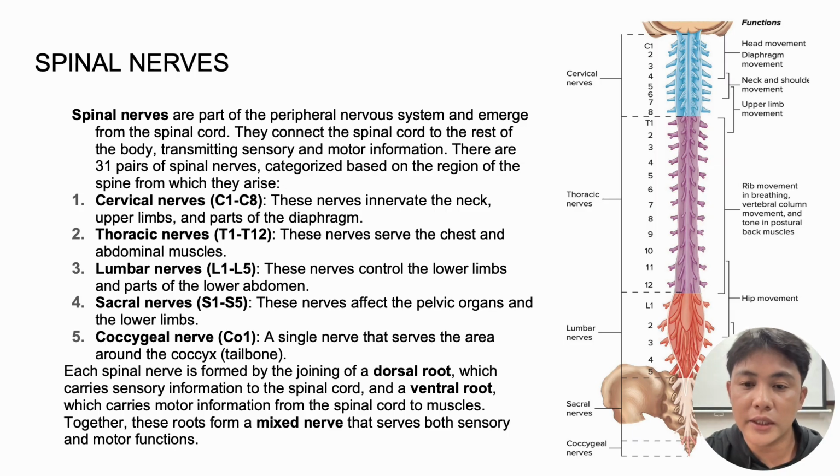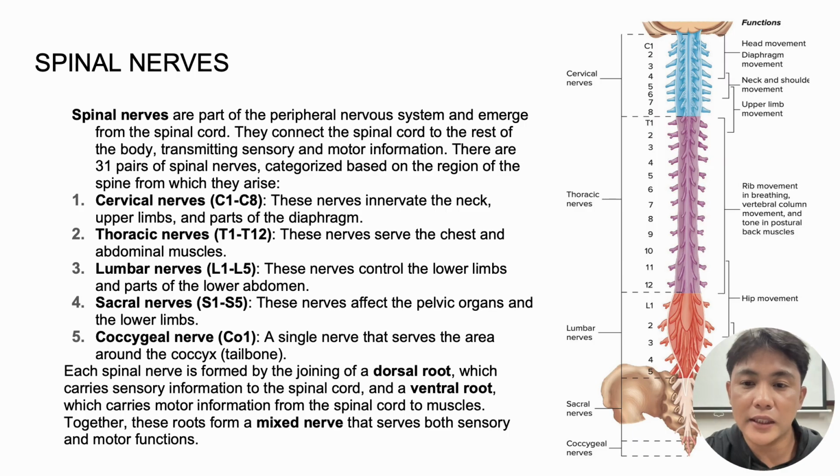The thoracic nerves help with rib movement during breathing and posture. Lumbar and sacral nerves mainly control the hip and the lower limb of the body. This reflects an important principle in anatomy, that the higher spinal nerves generally serve the upper body, while the lower spinal nerves serve the lower body.